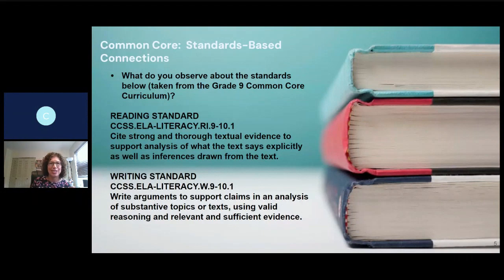Keep in mind, that's a reading standard. Here's a writing standard: write arguments to support claims in an analysis of substantive topics or texts using valid reasoning and relevant and sufficient evidence. This is standard number 1 in reading and standard number 1 in writing. So I'm wondering in the chat if anybody's seeing some commonalities or other interesting observations about these two standards.